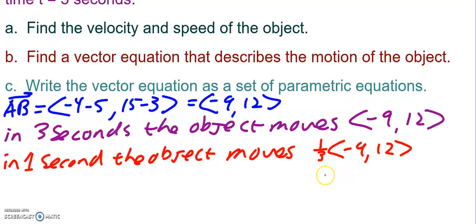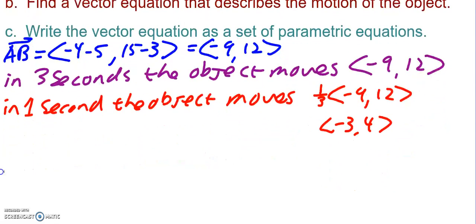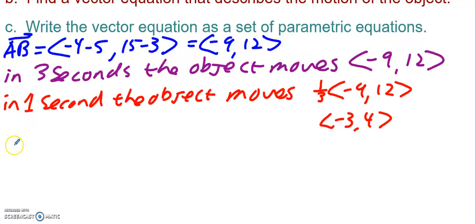So that's going to be negative 3, 4. So we can answer part A, where the velocity is negative 3, 4, and we said the speed, remember, is the magnitude.